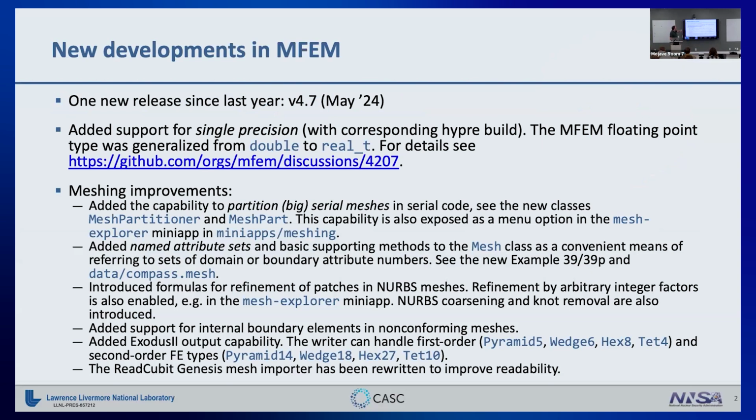Basically, we changed whatever level with RealT mostly everywhere, and RealT is something that you can configure at build time. So you can configure either double precision or single precision. That was the simplest step to take first, and that's what was done in one of the PRs.